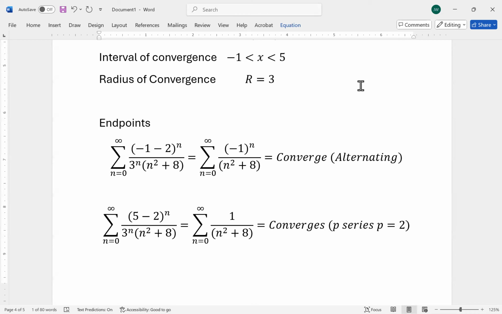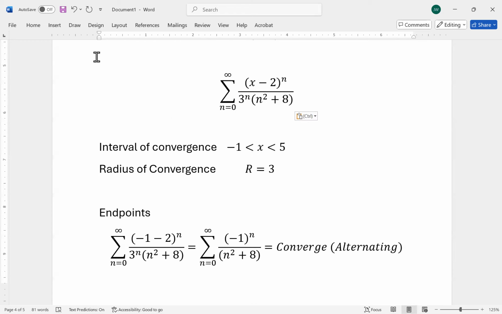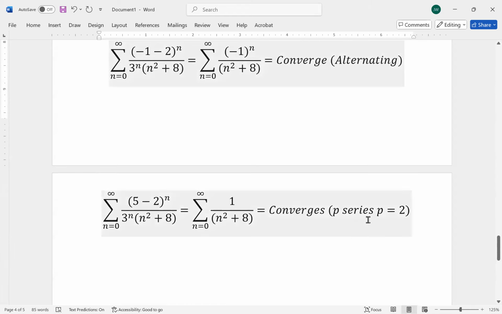But in this example, when I say the interval of convergence, I'm saying for this power series, it has an interval of convergence between -1 and 5. The radius of convergence is 3. And both endpoints cause convergence.